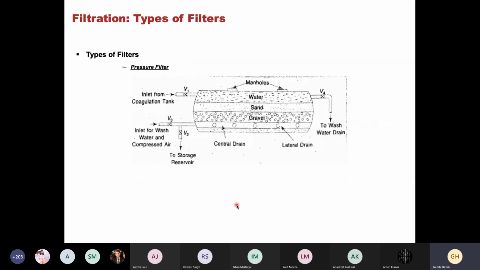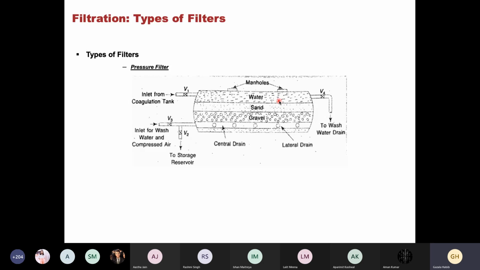So we have seen the gravity filter. This is the pressure filter, which is a closed unit, and the water is percolated through the filter media using pressure. We are forcing the water to percolate through the media, so the percolation rate is very high compared to the gravity filter.